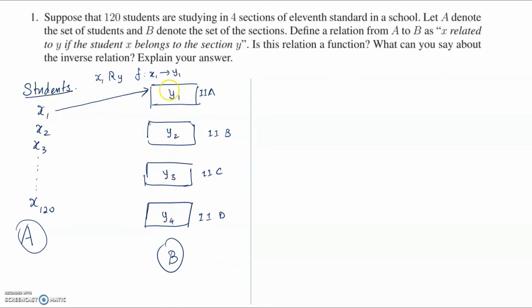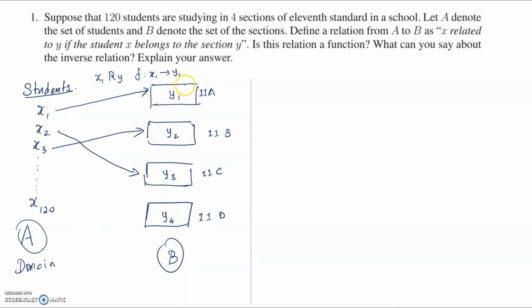He will be in only one section. Let's say x2 is in section 3 and x3 is in section 2. So each student can be in only one class, which means our domain element will have only one value of y. x cannot have multiple values. Therefore, this is a function.